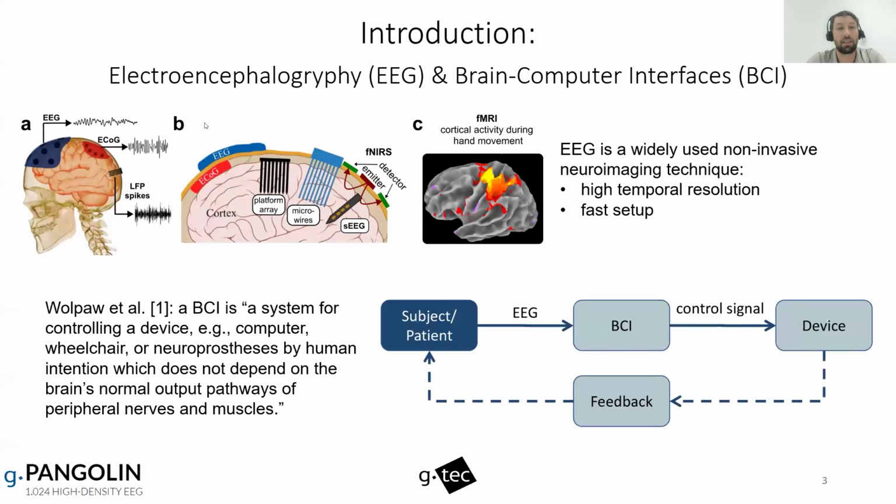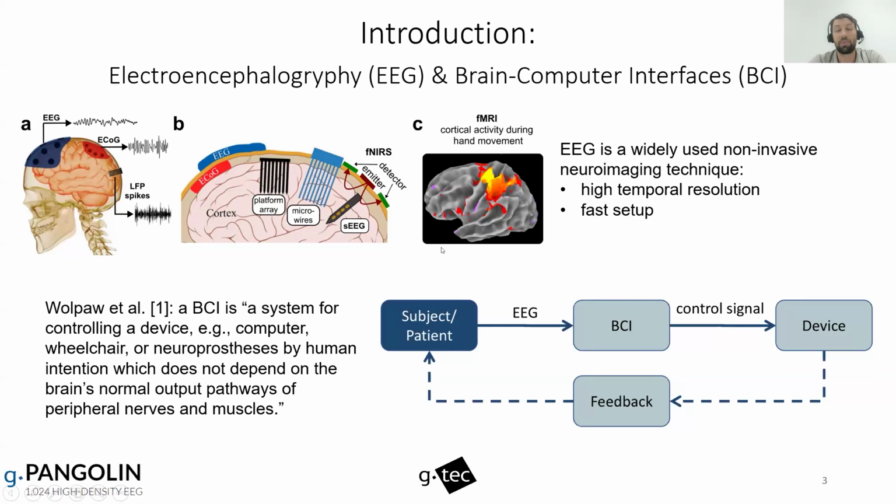As a short introduction, I guess all of you already heard throughout the day about electroencephalography, EEG, and brain-computer interfaces. What we are focusing on with our ultra-high-density EEG system is non-invasive recording on the scalp with a very high electrode density. EEG is widely used and offers a high temporal resolution.